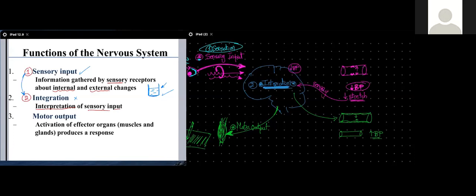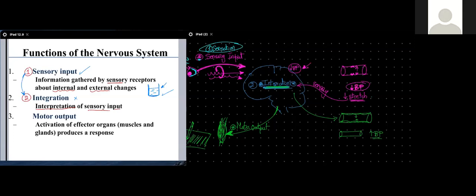And your brain will do what? It integrates the signals it receives with what it's supposed to respond with. The integration here, it gives it a meaning. The meaning of having reduction in the degree of stretch in the wall of the artery means for the brain that you have or about to have a drop in your blood pressure.